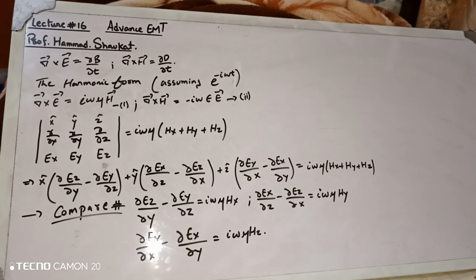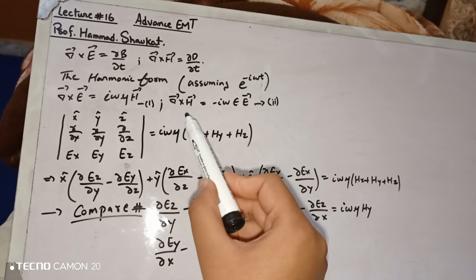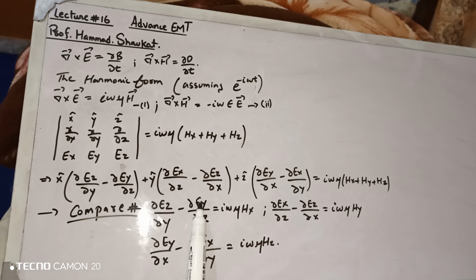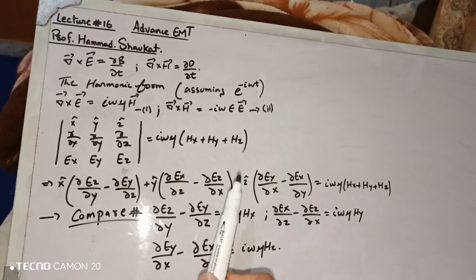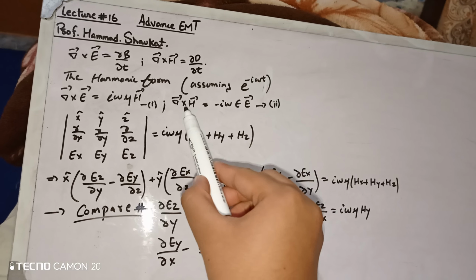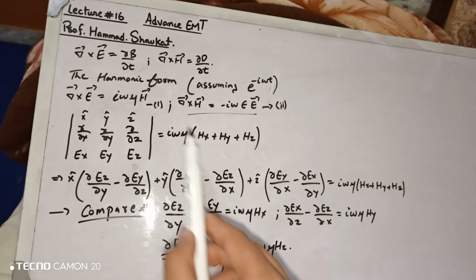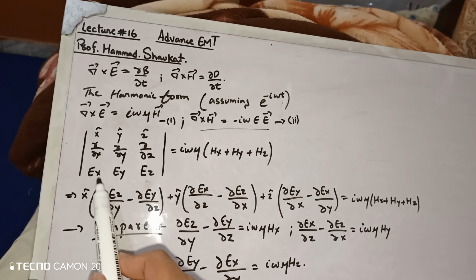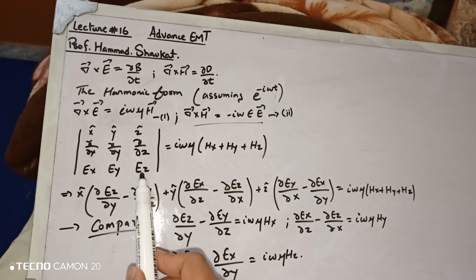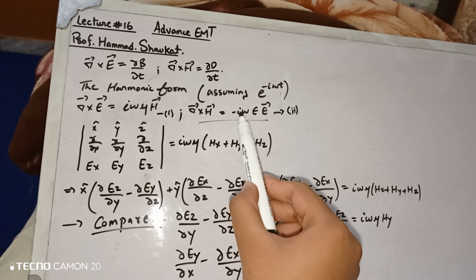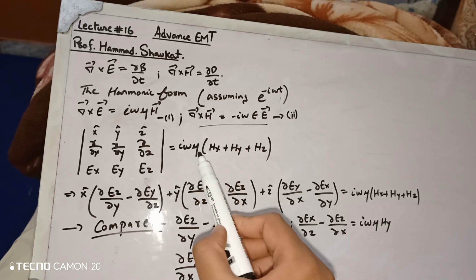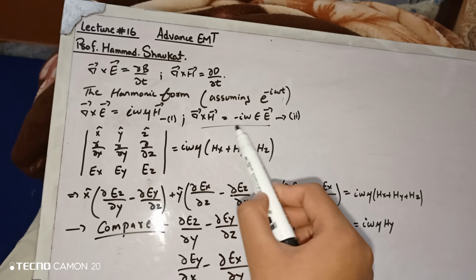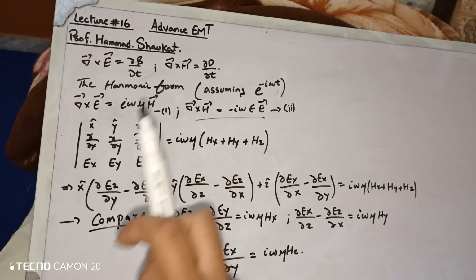Now you have to do the same procedure with del cross H. Fortunately, the answer is the same, with only E and H swapped. So I am just writing the final equations. When you take the curl of the magnetic field, the only replacements are that Hx, Hy and Hz appear on the left, and on the right you will be left with minus iota omega epsilon times Ex, Ey and Ez.